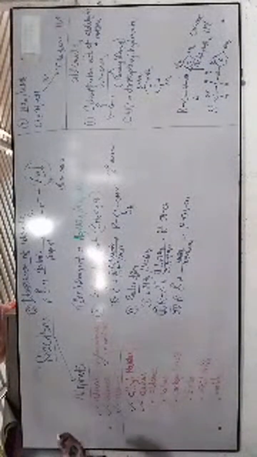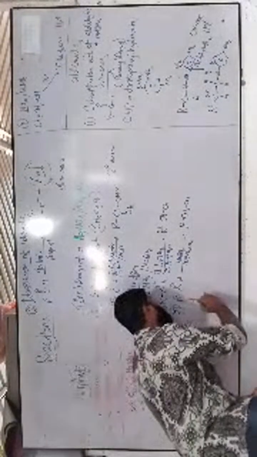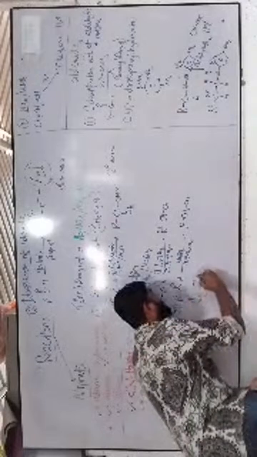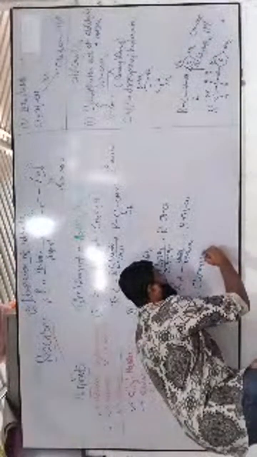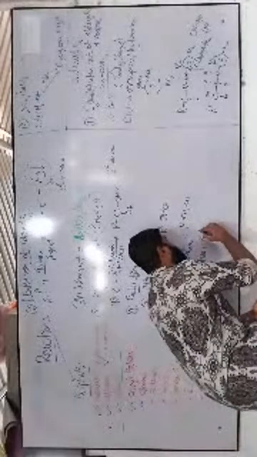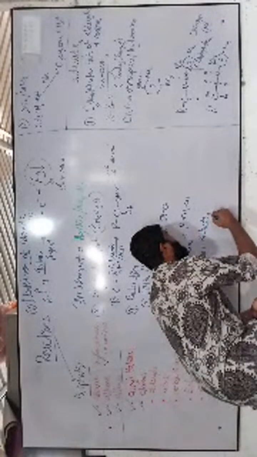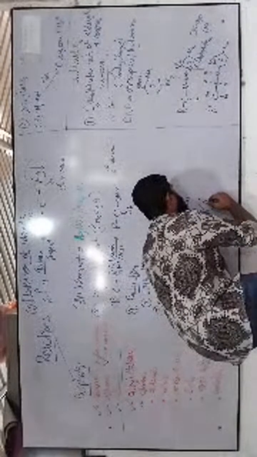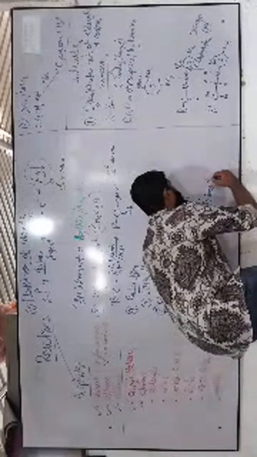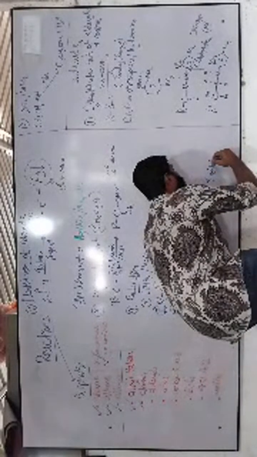Okay, now I'm going to use Clemmensen reduction. This can be done for both ketones and aldehydes.